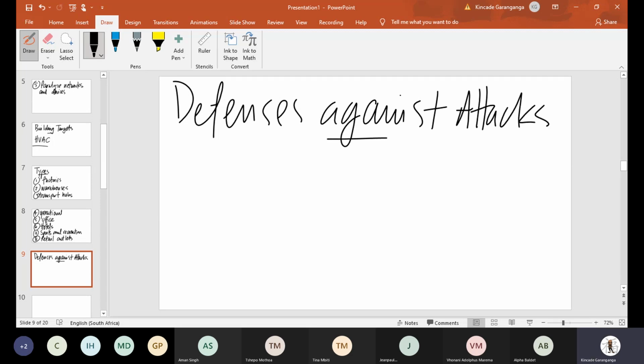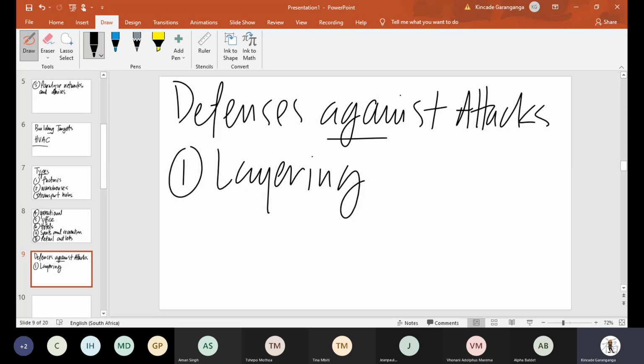And what you're looking at more often than not there is, first of all, a process called layering. And obviously, as the name would say, it is putting different security measures in place to make it more difficult for someone to actually break into your system as far as your setup there is concerned.